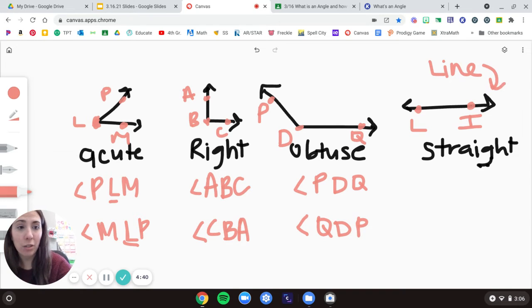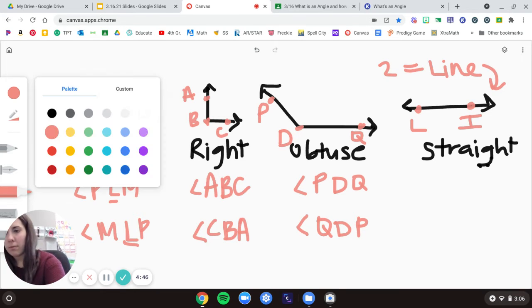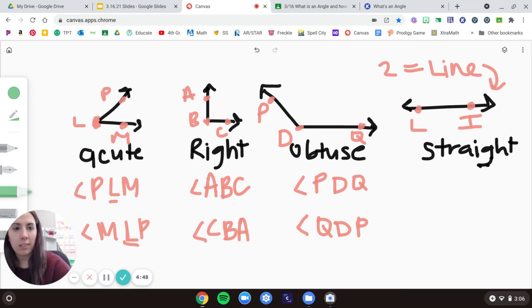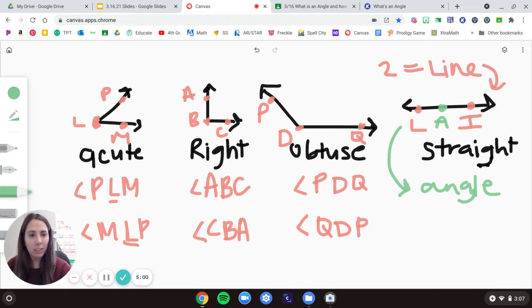When it has 2 points, it equals a line. But if we add in a third one, then this is now a straight angle. So with 2, it's a line. 3 makes it an angle.